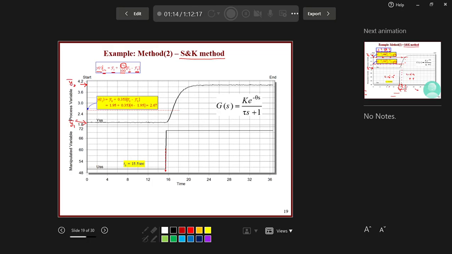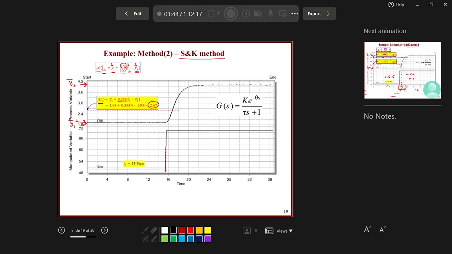Once we have these, Y1 bar and Y2 bar, and we know the percentage, we can calculate how much Y is at this value. So calculating T1, it is Y at 35.3. I just divide 35.3 over 100 and apply the equation. Y1 is 1.95, Y2 is 4, and then I can calculate the Y at T1.